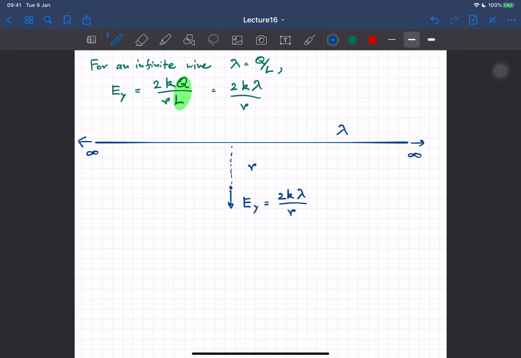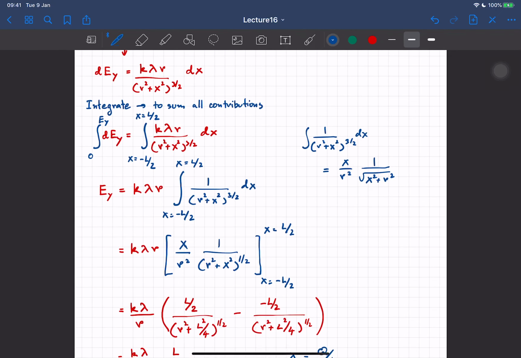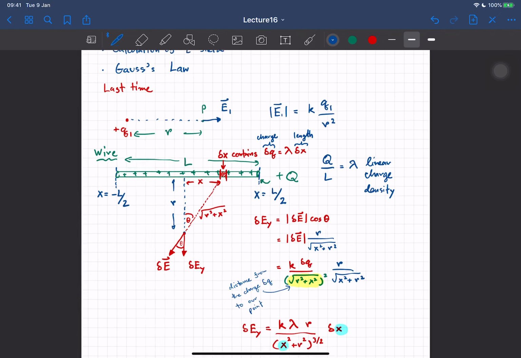Okay, so again, the point of this whole exercise is to first show you how to calculate this. And by this, I don't just mean this particular configuration.